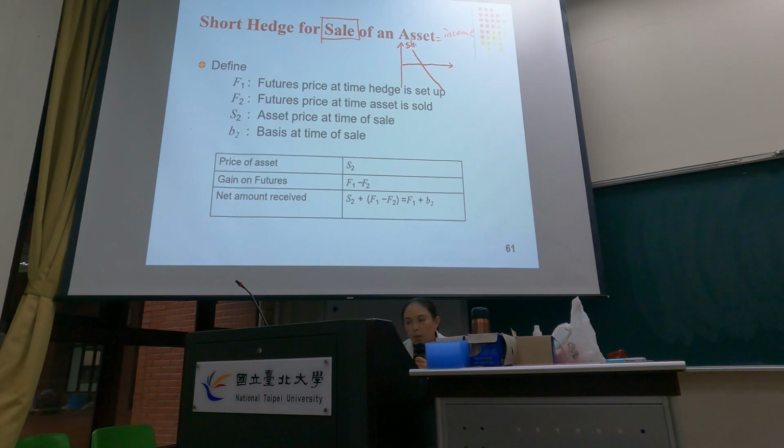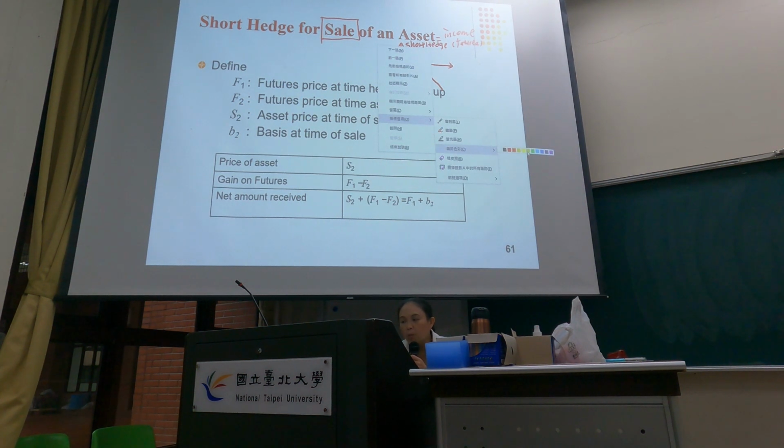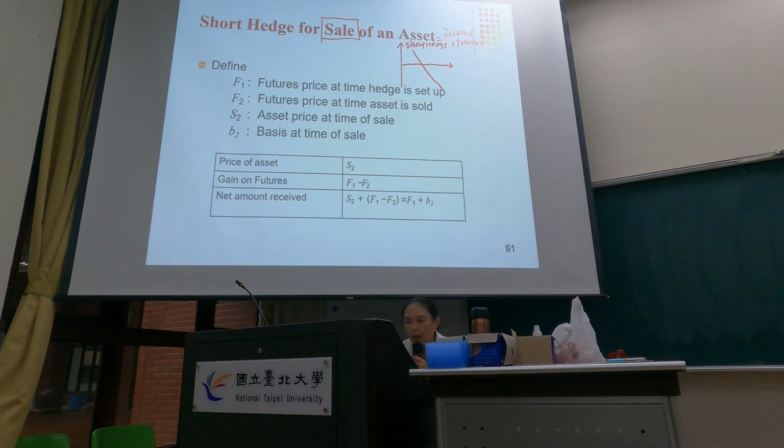So you have a short hedge, and that's your futures position, your derivatives position, okay? But in the meantime, it implies that you have a long spot, right? Agree? You have a long spot. That's why you do the short hedge. It goes together, right? Okay.